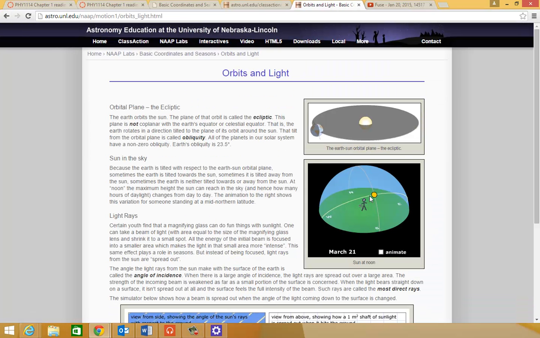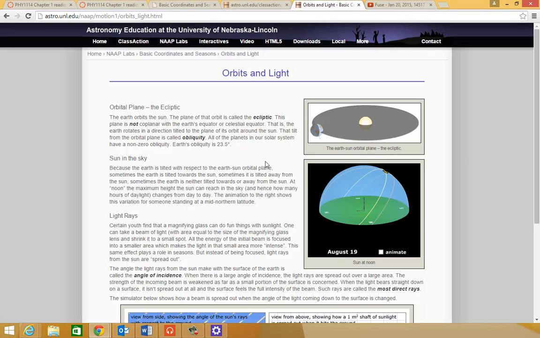In the Orbits and Light, you'll see a little guy standing here, and you can check out his shadow at different times of the year. But this is only for a mid-latitude northern hemisphere person. And so this may not completely answer your question. You may be better off using the Seasons and Ecliptic Simulator to answer that question fully.